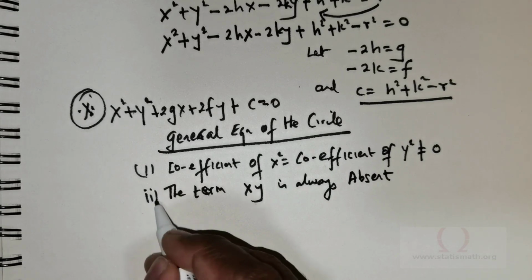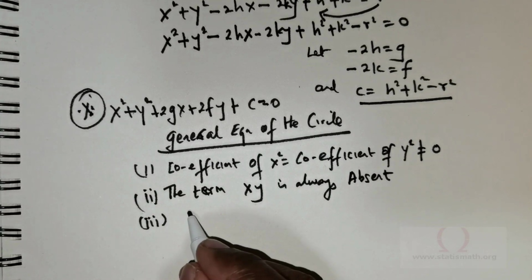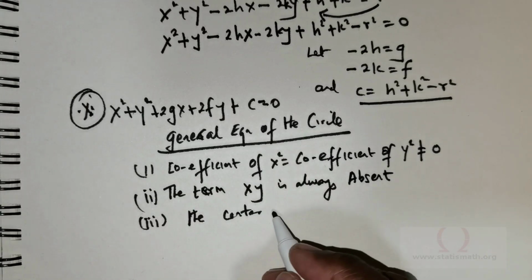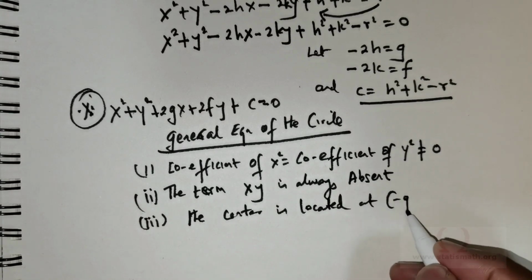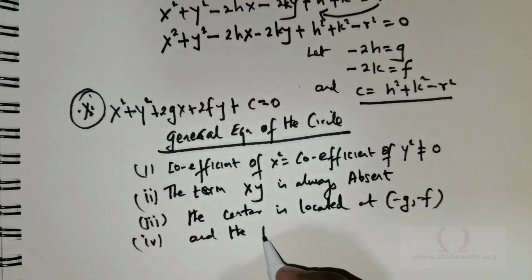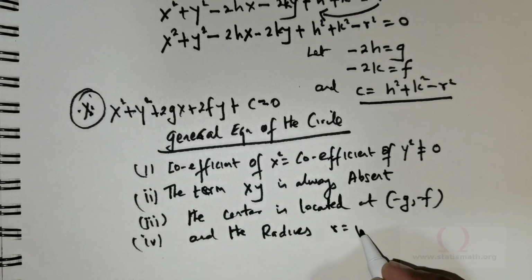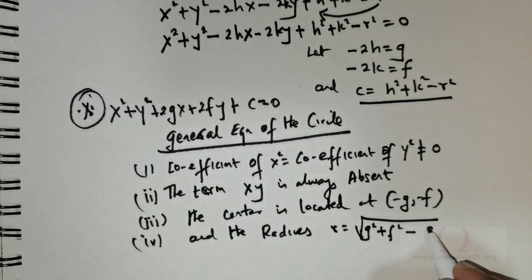The third point is that the center for the general equation will be located at (−g, −f), and the fourth point, the radius r is given by the square root of g² + f² − c. These are some of the crucial points.